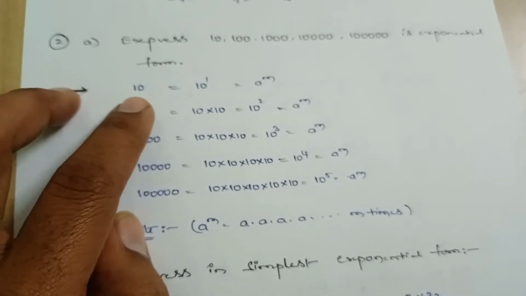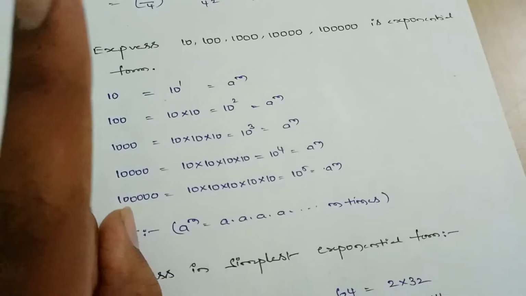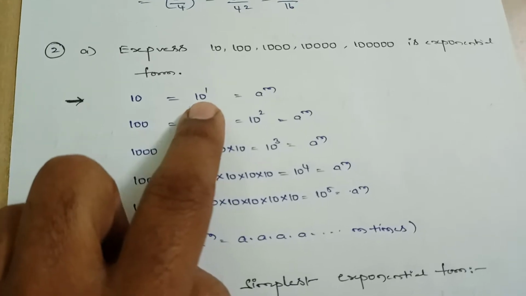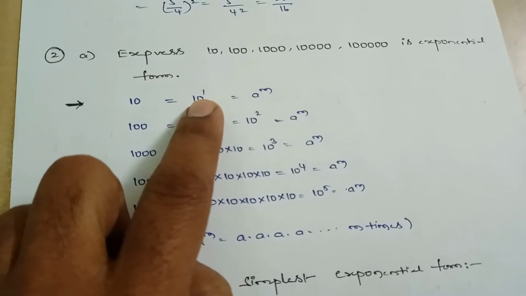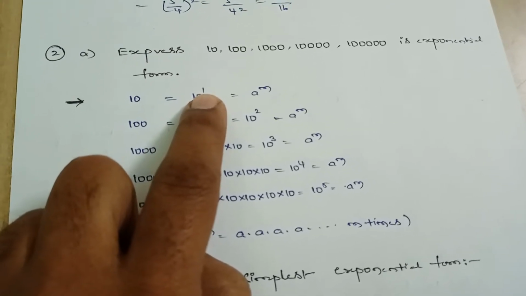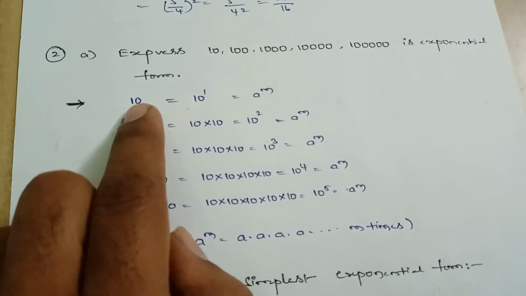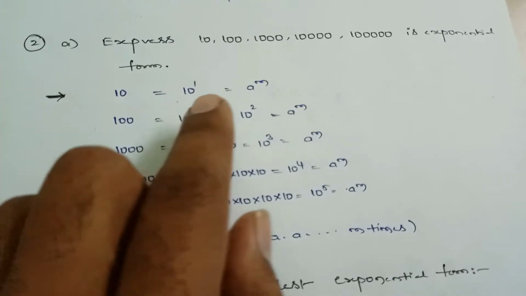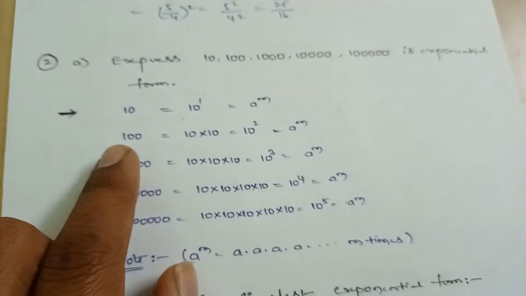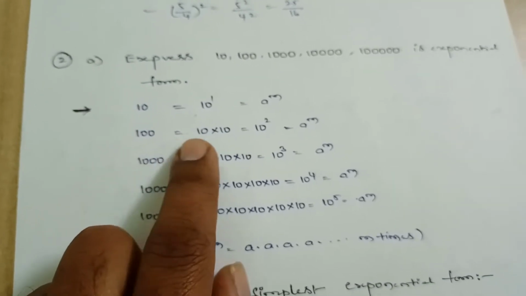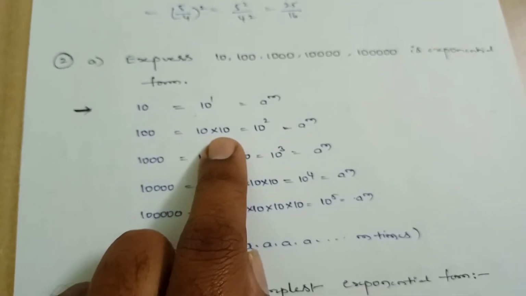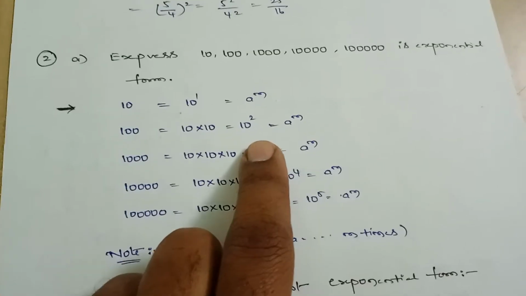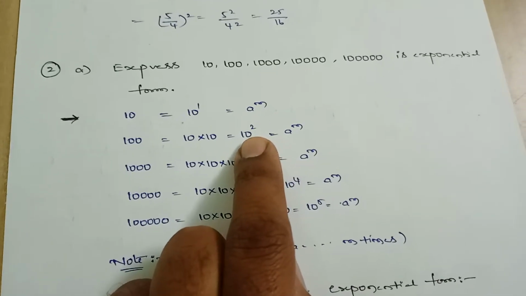Here 10 is repeated only one time, so you can write 10 as base, and the power is 1, because the power indicates the number of times this 10 is repeated. This is in the form of a power m. Similarly, 100 can be written as a product of 10 into 10. So here 10 is repeated 2 times, therefore the base is 10 and the power is 2.